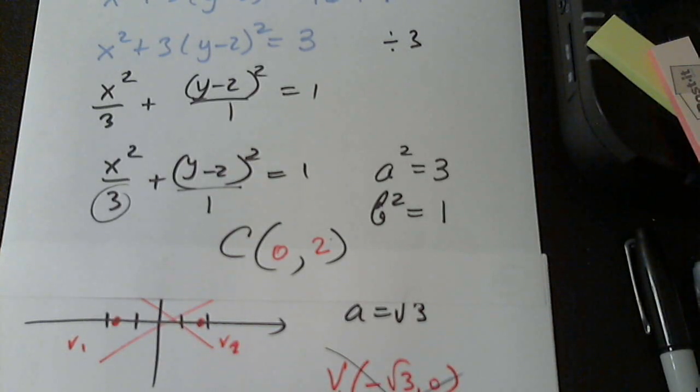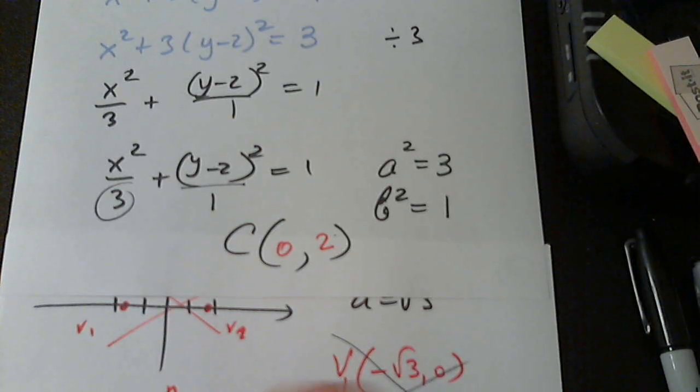So 1.7 and 1.7. So V1 is the square root of 3 to the left of the center, with y-coordinate 2, and V2 is the square root of 3 to the right, with y-coordinate 2. So this is V1, this is V2, this is the center.